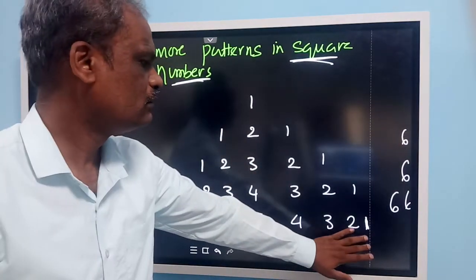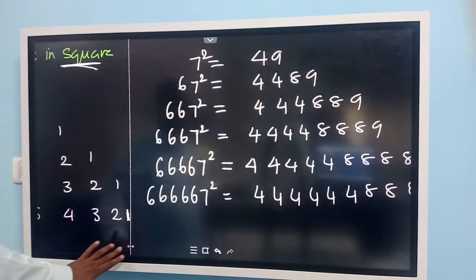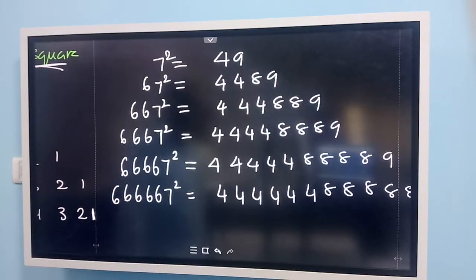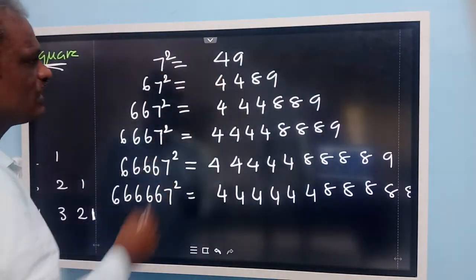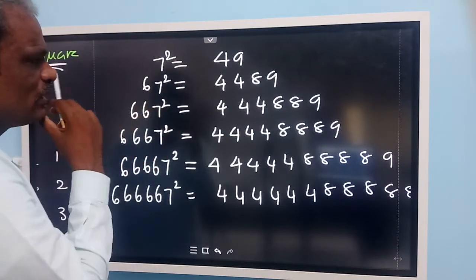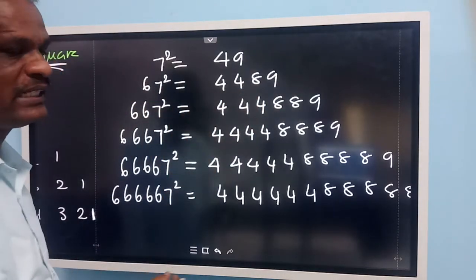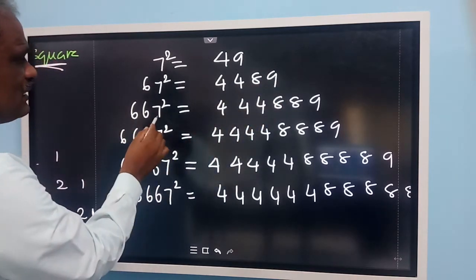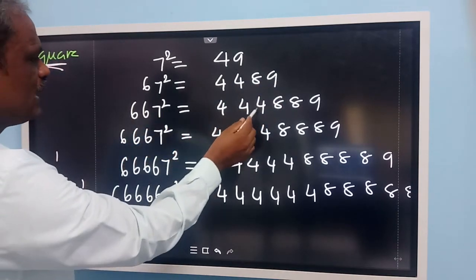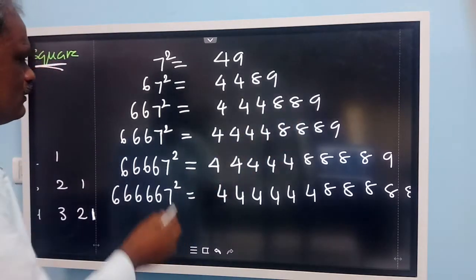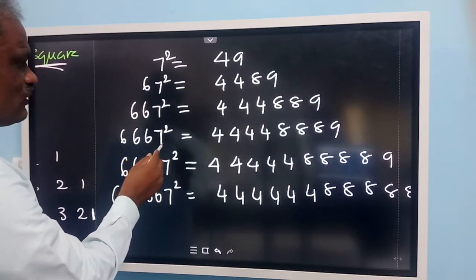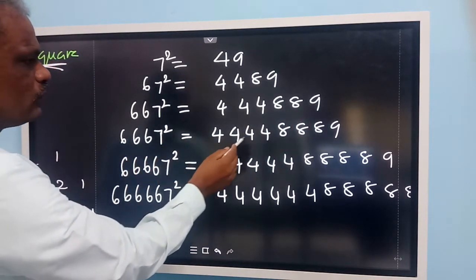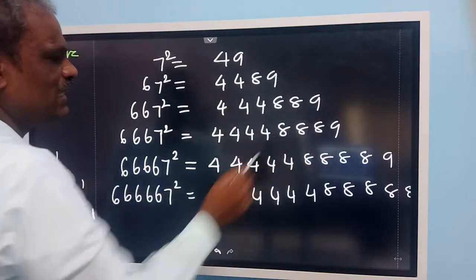So now look at another pattern related to square numbers. 7 square you can write as 49. 67 square is 4,489. See, 4 4 repeating, 8 9. 667 square is 4 4 4, 8 8 9. 6,667 square is 4 four times, then 8 8 8, then 9.